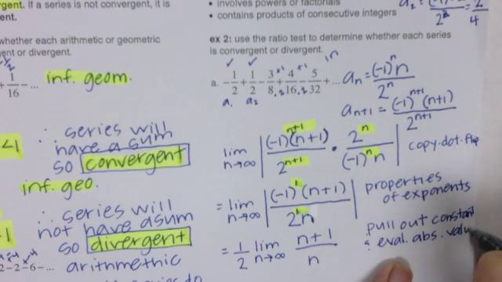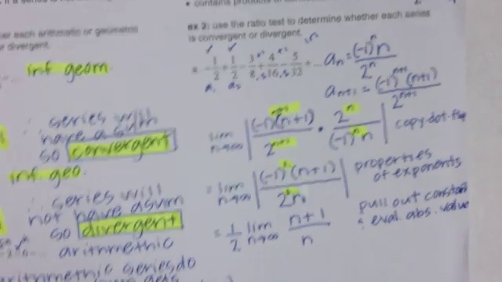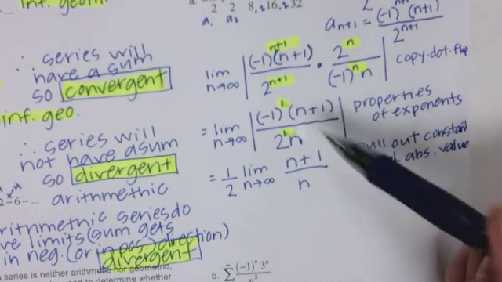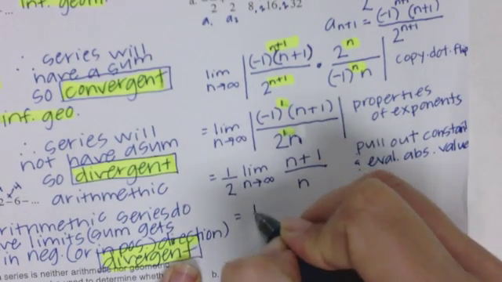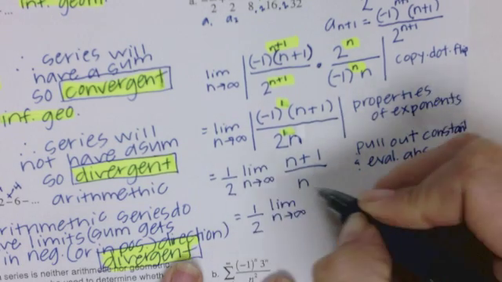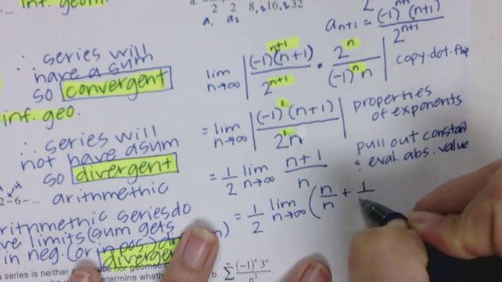So that's why those signs are no longer there. You don't want to take care of the absolute value until you're fully simplified. Okay, look at this. This is yesterday's lesson. How do I handle that right there? So that's 1/2 times the limit as n approaches infinity of n plus 1 over n.